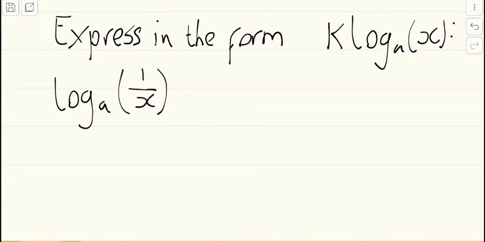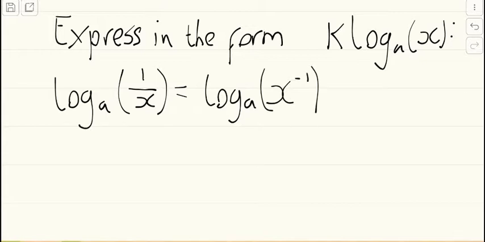Well, that comes from using our laws of indices. So what that's going to be is this. That's going to be, first of all, the same as log to the base a of x to the power of minus 1.